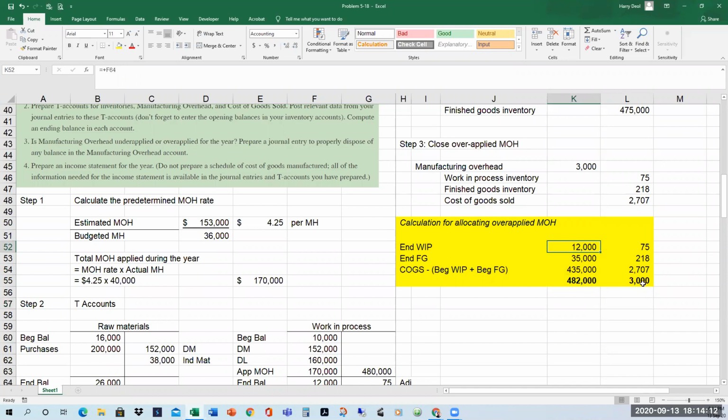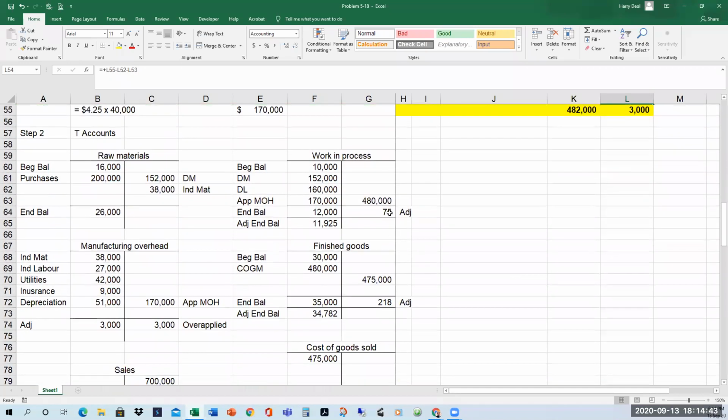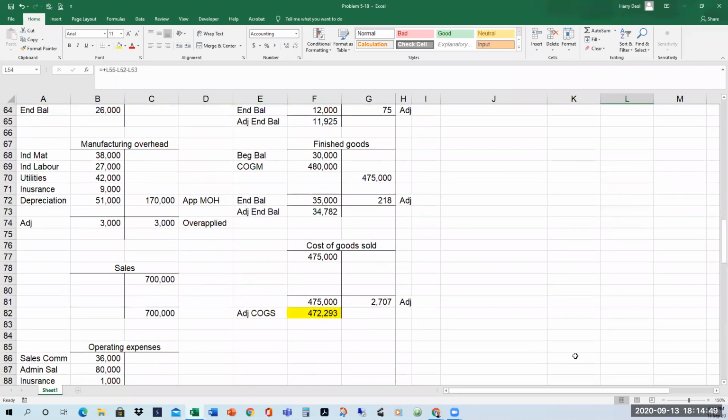That fraction multiplied by 3,000 gave us the $75. There must be some few cents and so on, but we are taking the numbers rounded to the nearest dollar. So $75 went to work in process, $218 were allocated to finished goods, and $2,707, what remains essentially, is allocated to cost of goods sold. And the effect of this adjusting entry is to reduce the balances of work in process, finished goods, and the cost of goods sold.